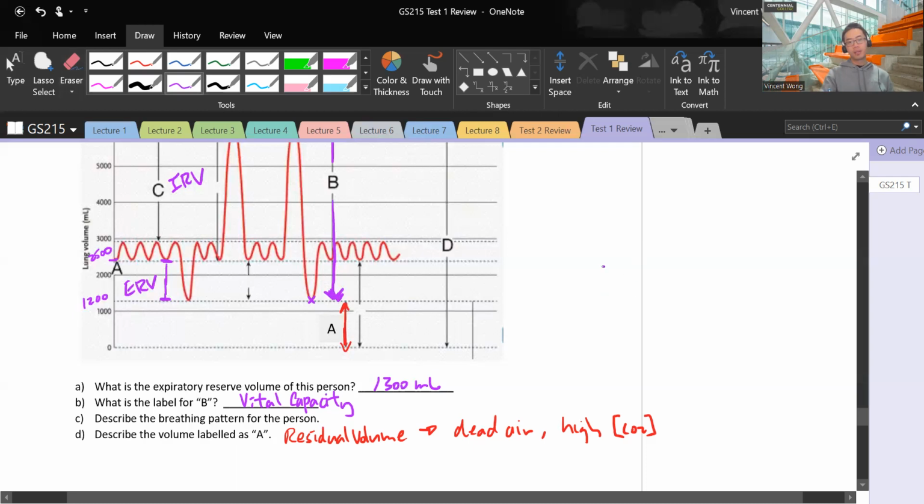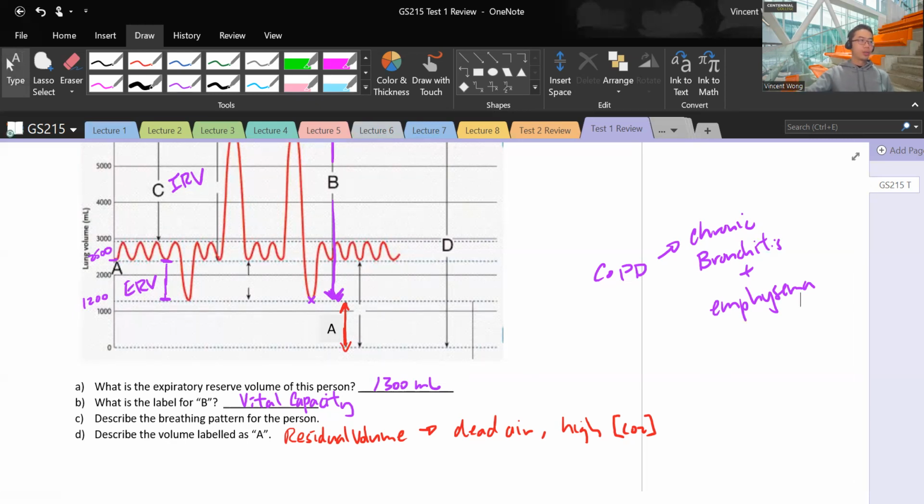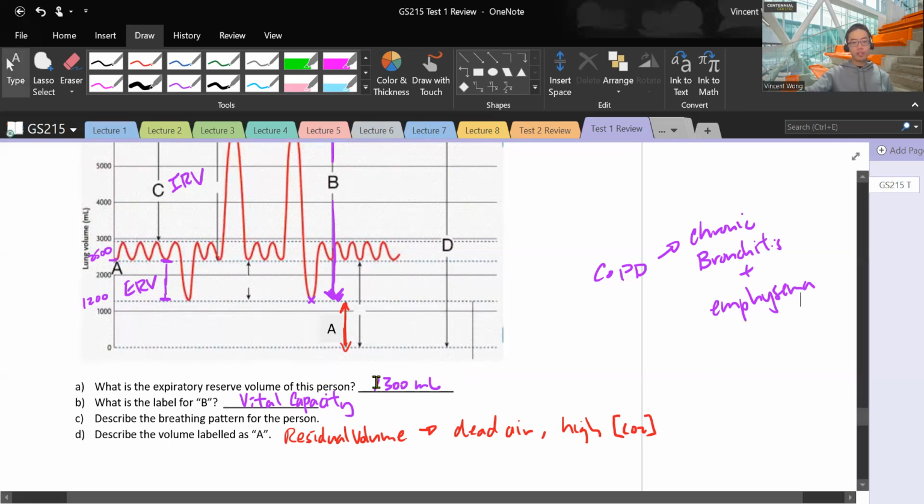COPD is chronic bronchitis plus emphysema. That's the clinical definition. If you have both of these, then you have COPD. And in these cases, you would have increased residual volume, which lowers your gas exchange efficiency.